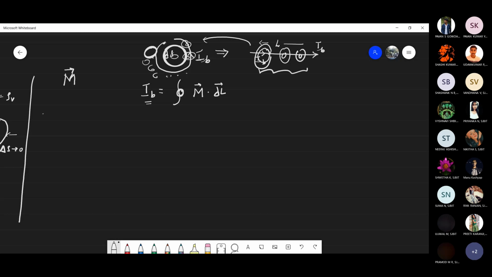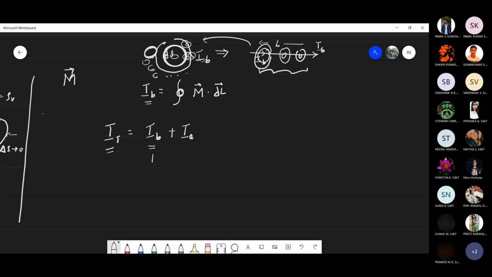But we know that total current is equal to IT. Total current is equal to bound current plus free current. I call this free current an electronic current, the current which is produced due to the movement of free electrons. See guys, I repeat, the total current will be the summation of bound current.